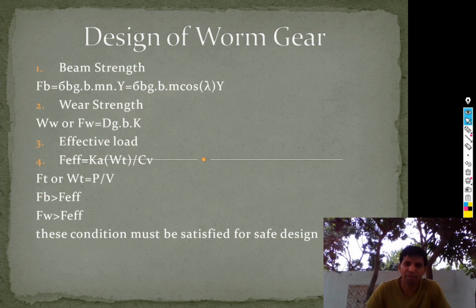So in designing of worm gear, we will also start with beam strength, and the equation for bending strength, denoted by FB, or beam strength, is equal to sigma BG dot B dot Mn dot Y. Students, in worm and worm gear arrangements, the worm gear is always weaker as compared to the worm. In this, sigma BG is the bending stress in gear, B is face width, Mn is normal module, and Y is Lewis form factor.